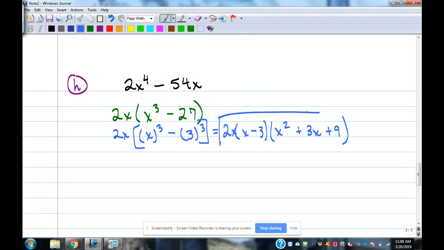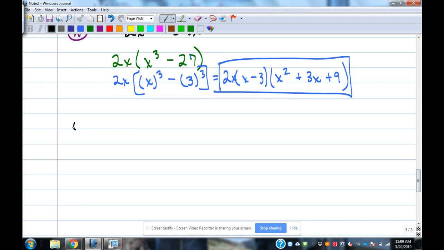So the 2x that was the GCF needs to be out in front of that too. So there's a combination of GCF and then a difference of cubes out of that. All right. Still just factoring completely. Nothing has changed as far as the instructions go.